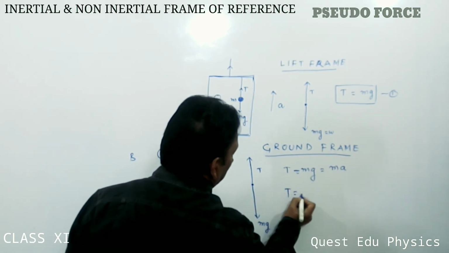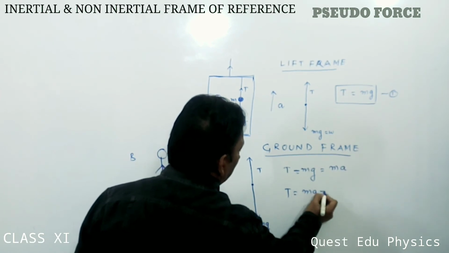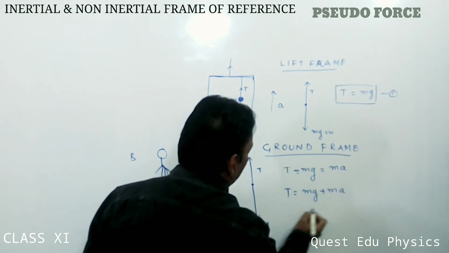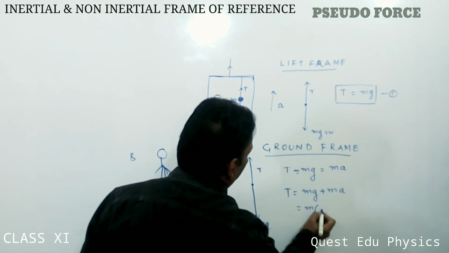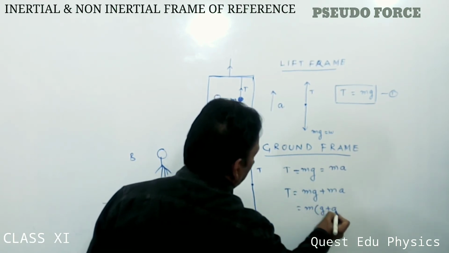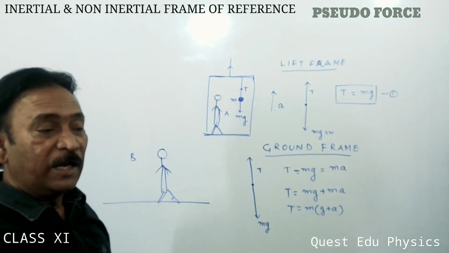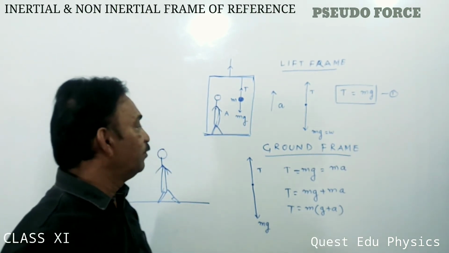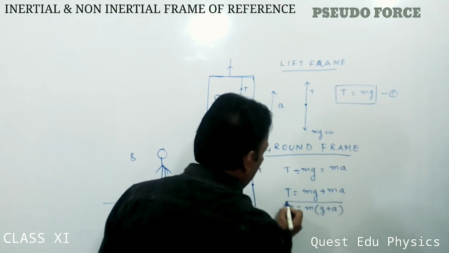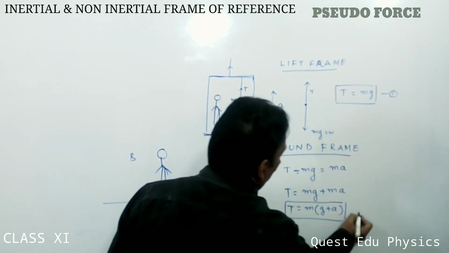And what he observed, he finds the tension as T is equal to mg plus ma. Here, a confusion will arise. Is the second equation.